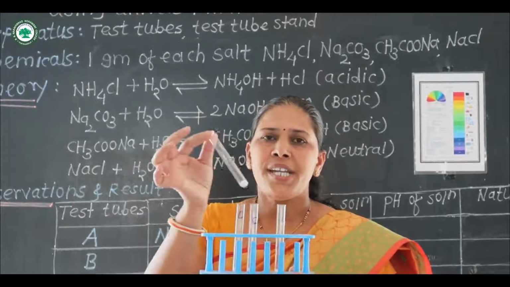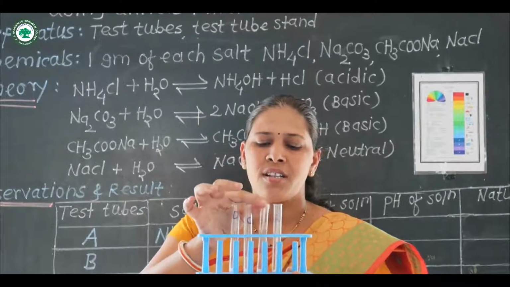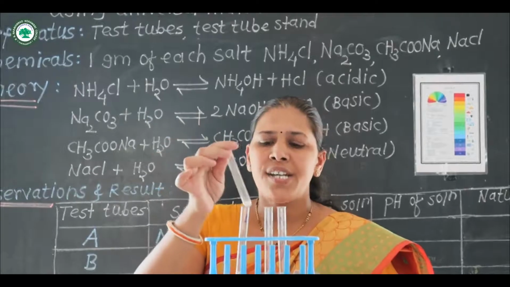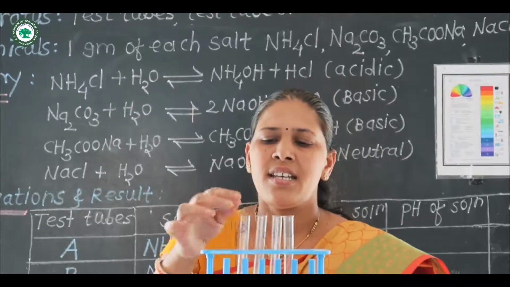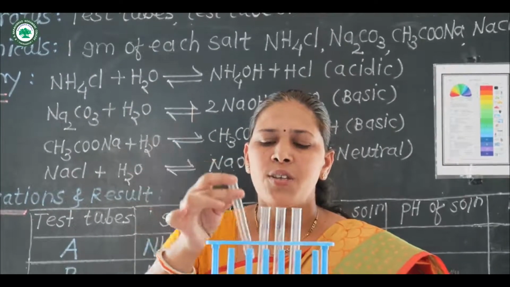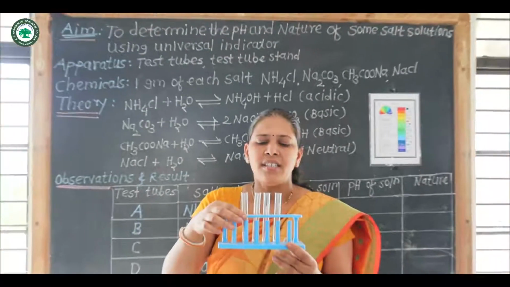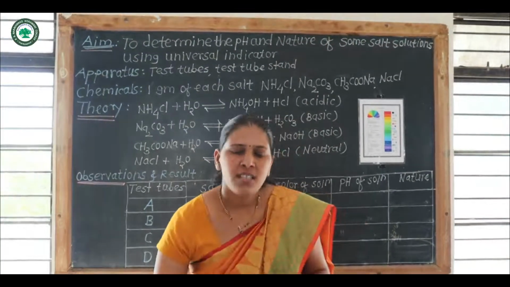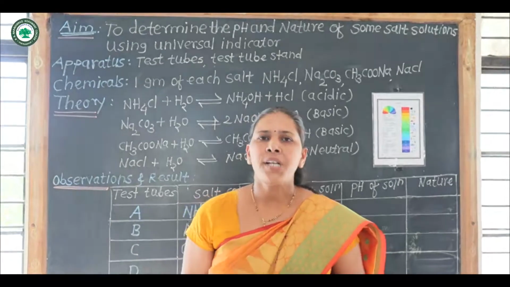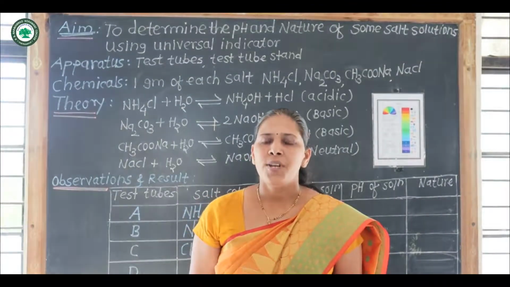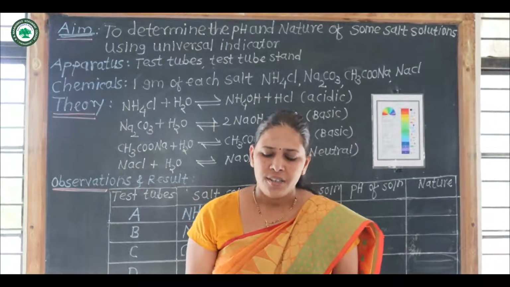Test tube B contains sodium carbonate. Test tube C contains sodium acetate, and test tube D contains sodium chloride. These are the 4 salts. Salts are completely soluble in water because they are strong electrolytes.